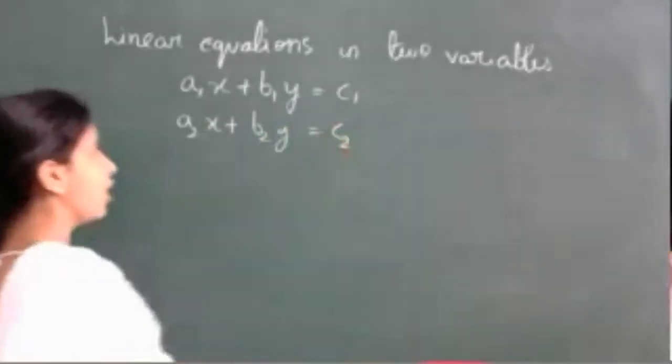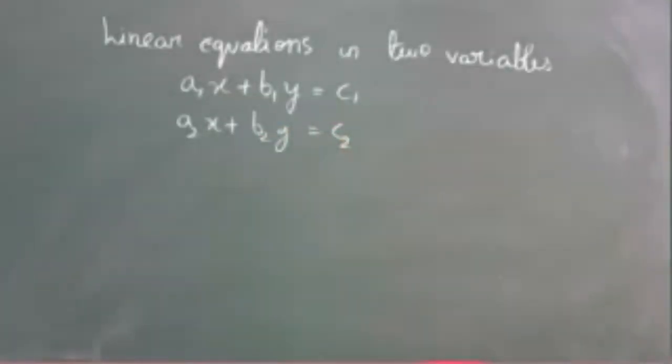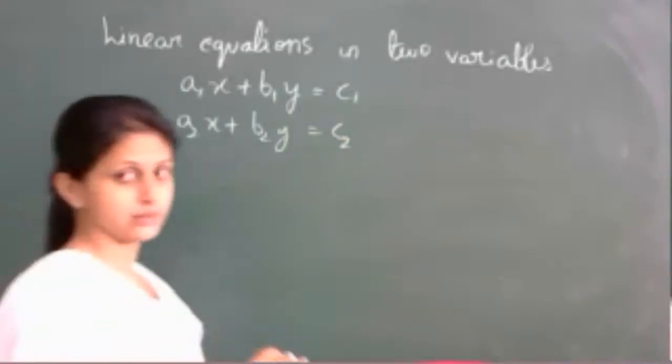Let me take one linear equation as a1x plus b1y equals c1, and a2x plus b2y equals c2. I hope you all remember what we mean by linear equations in two variables.